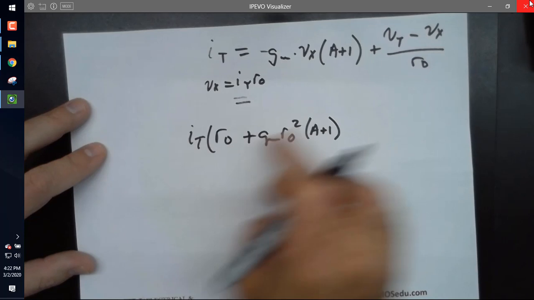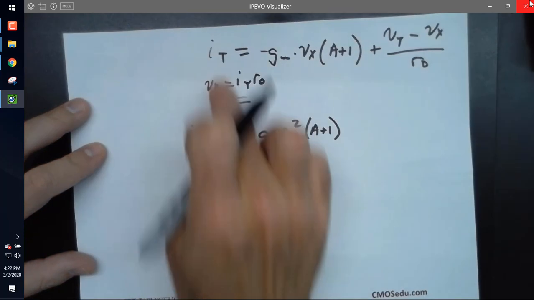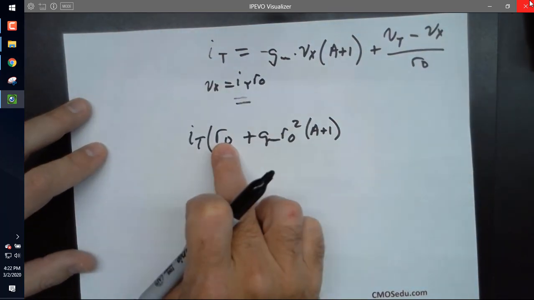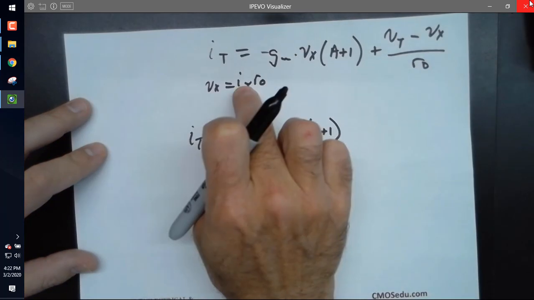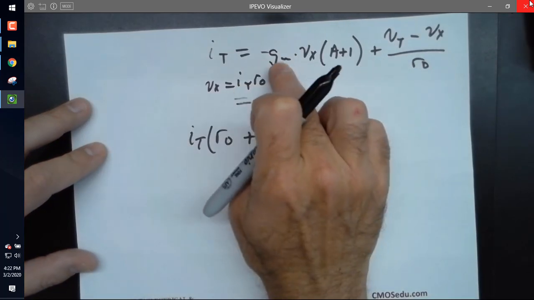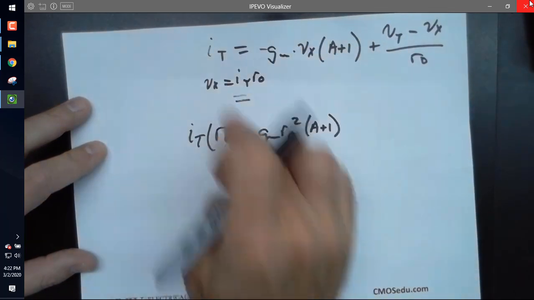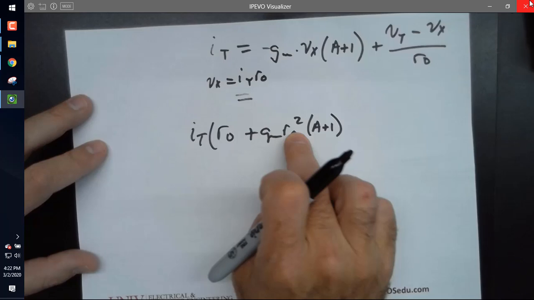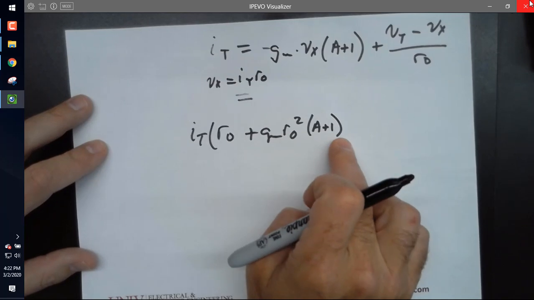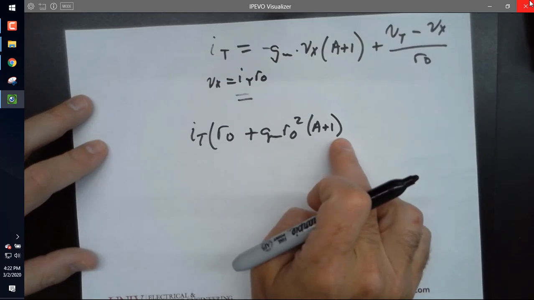So this R out multiplied times IT, so IT R out. This R out multiplied times IT R out squared gives me minus GM R out squared A plus 1. I move it to this side, factor out the IT, and I get GM R out squared A plus 1. I knew I shouldn't have skipped steps.